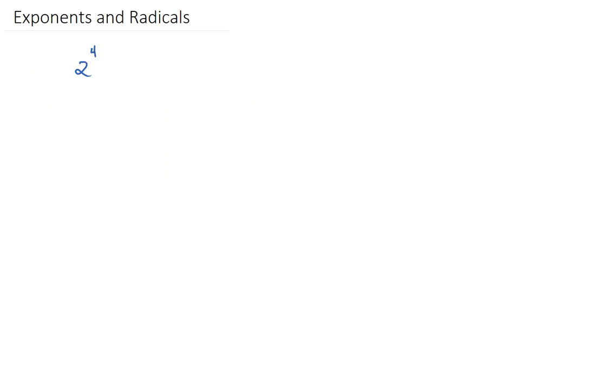Okay, here we have 2 to the 4th, which again is 2 times 2 times 2 times 2. Now, what I want to emphasize here is 2 is what we call the base, and the 4 is the exponent.